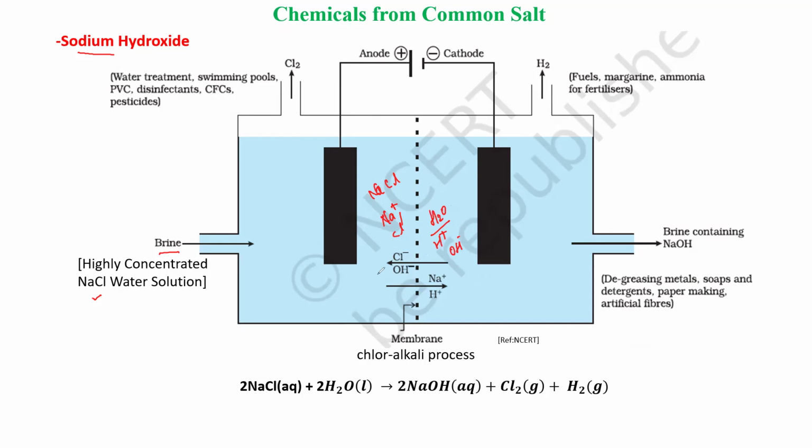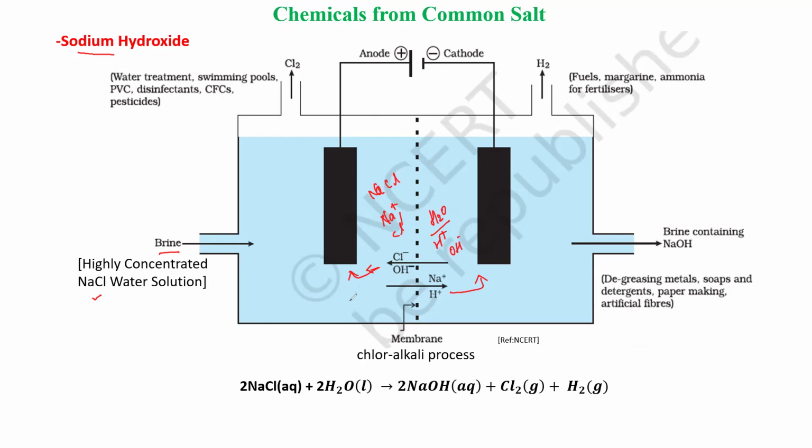The positive ions are called cations, and they move towards the cathode, which is negative in nature, whereas the anions, the negative ions, move towards the anode.